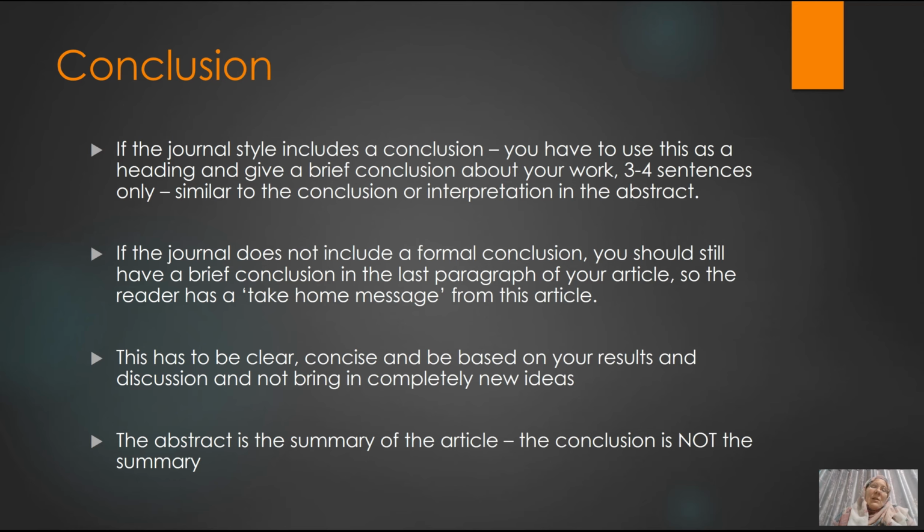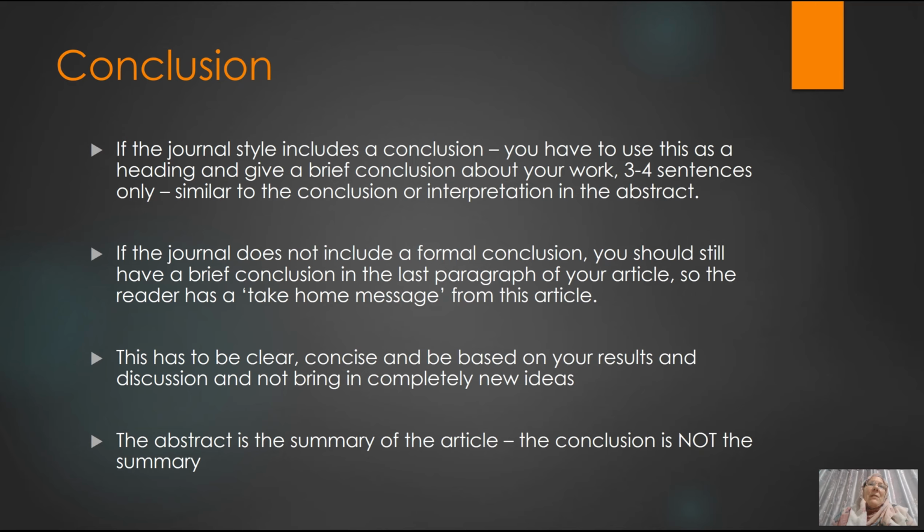Not all journals want a conclusion at the end of their discussion. Many journals want a concluding paragraph which is also titled conclusion, but not all do specify that they want a conclusion. Even if they do not want a conclusion with its own title, it's good to put in a concluding paragraph.